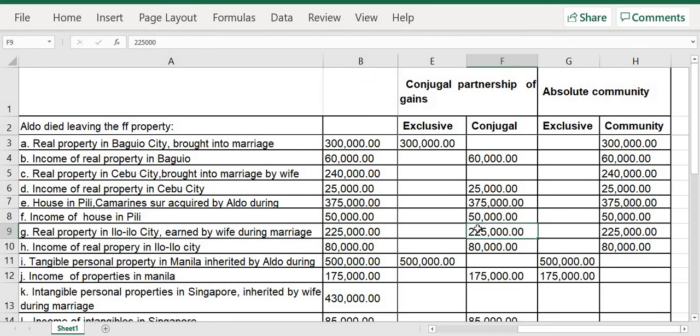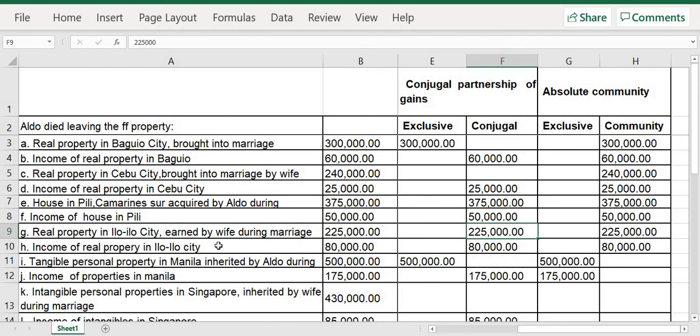Remember, under conjugal partnership of gains, all the properties acquired through labor, industry, or profession of each of the spouses shall form part of the conjugal properties of both the spouses. Kaya the 225,000 will form part of the conjugal properties under conjugal partnership of gains. Under absolute community property naman, that's also part of the community property, kasi nga, acquired during marriage. 225,000.